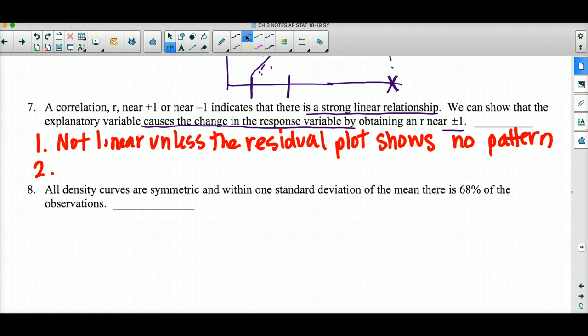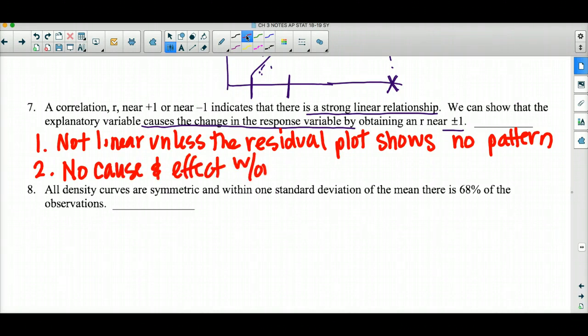And number 2, there's a second problem. This is something that Stevie tells you all the time. Yes, you cannot say cause and effect unless you see a randomly assigned treatment. Okay, no cause and effect without seeing the experiment.